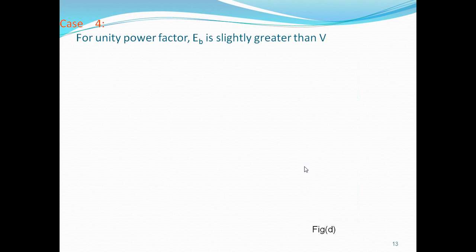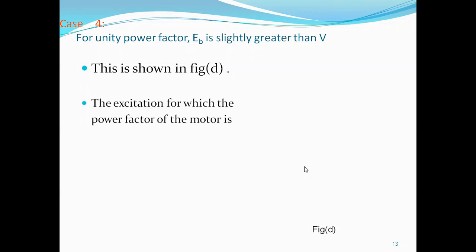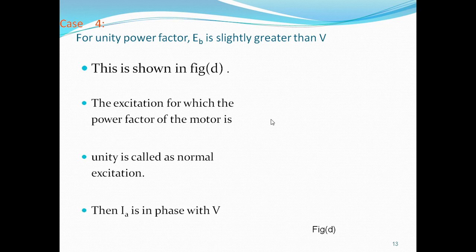So the fourth case is unity power factor. For unity power factor, EB is slightly greater than V. That is, the excitation for which the power factor of the motor is unity is called normal excitation.